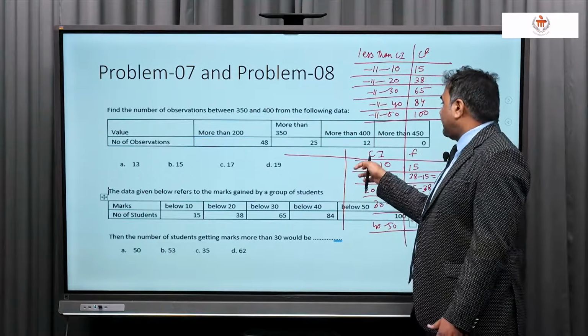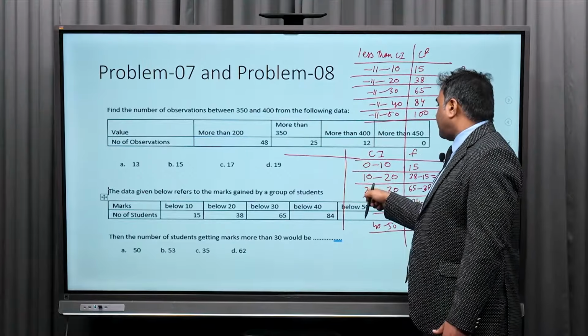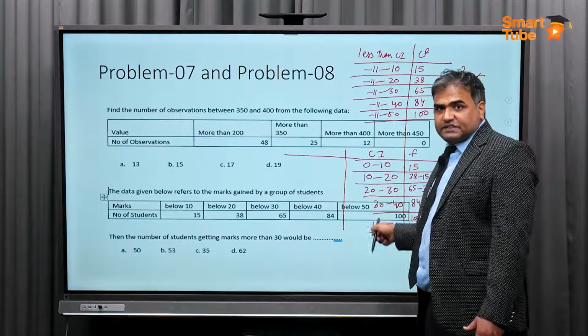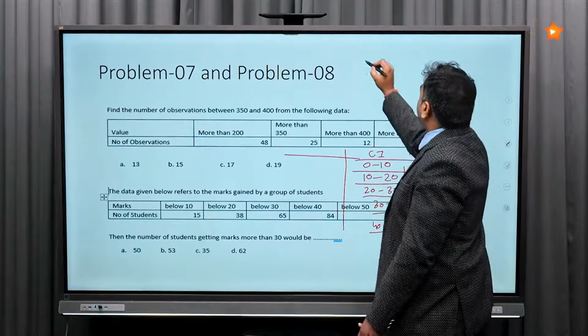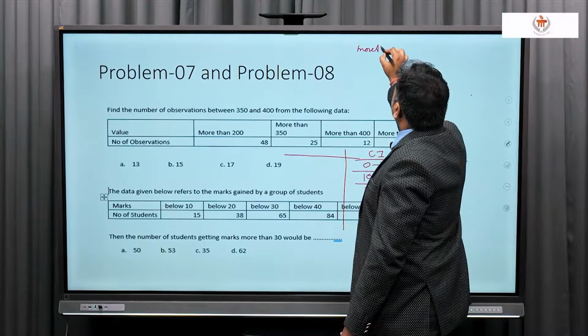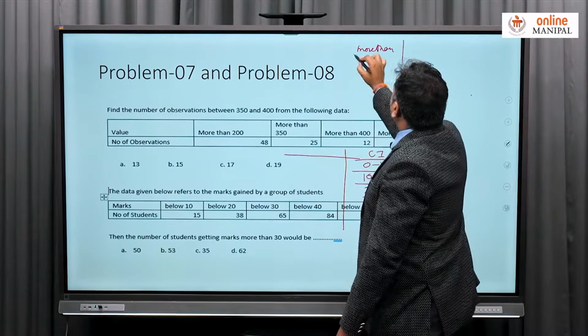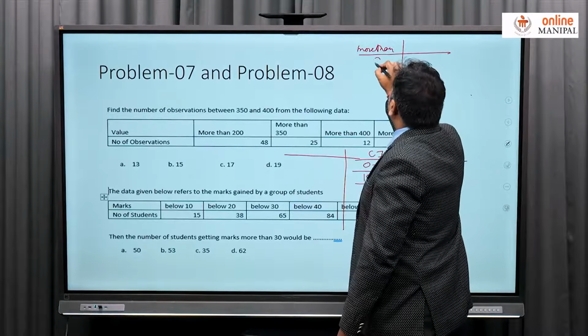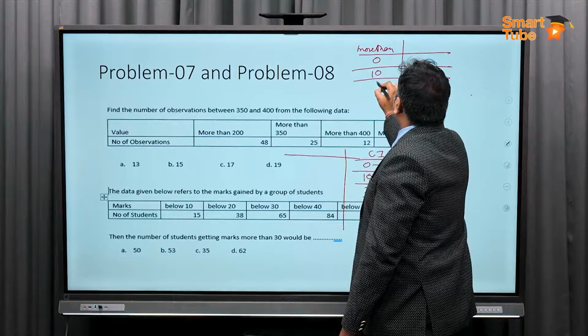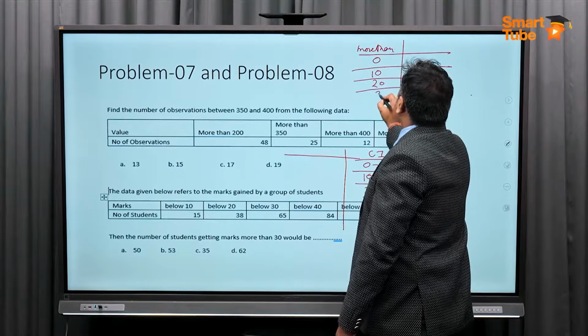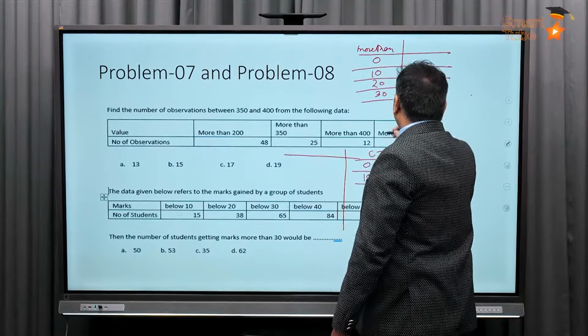So you write more than 0, more than 10, more than 20, more than 30, more than 40, like this. And then what would be the cumulative frequency?